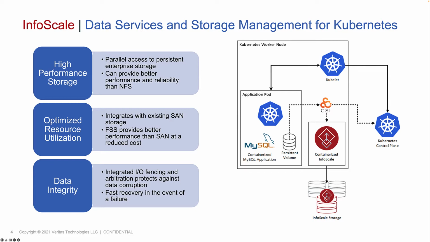We can create a single disk group that consists entirely of that local storage or that SAN storage or some combination, allowing you to have a single pane of glass view of all of that storage that's available for these worker nodes. And we generally provide better performance than a SAN at a reduced cost because you don't necessarily have to have that SAN infrastructure. We also provide better performance and reliability than NFS connections for this environment.